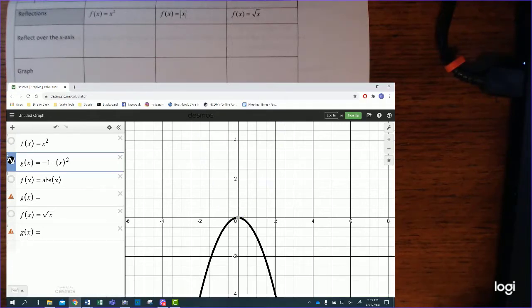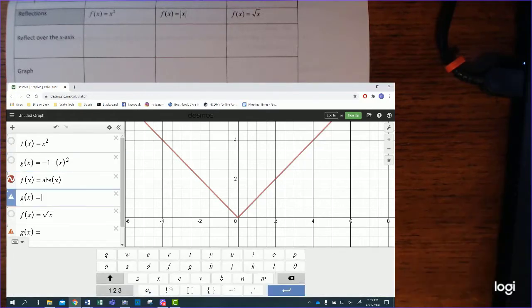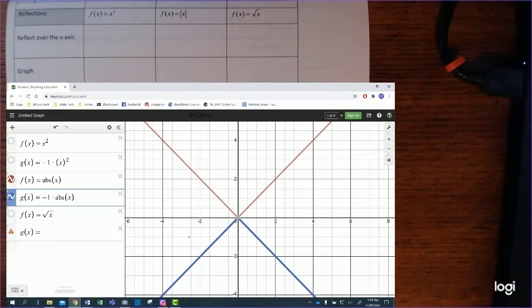Okay, so let's see about absolute value of x. If you want to reflect that over the x-axis, you're going to need to multiply -1 outside the function. Not in there with the x, but outside the function. Let's turn that on. And it reflects over the x-axis.